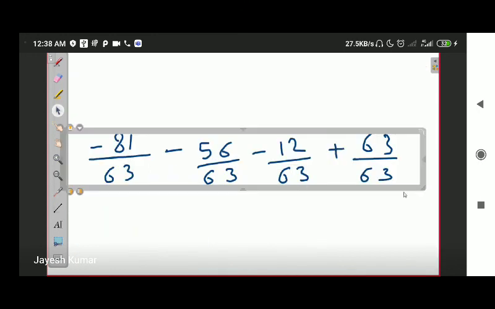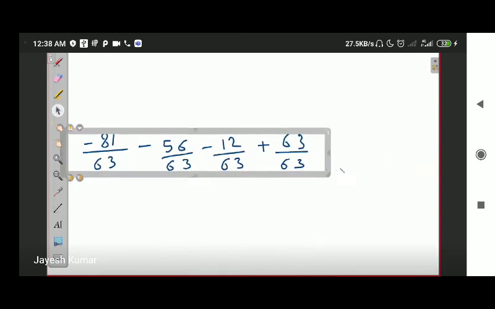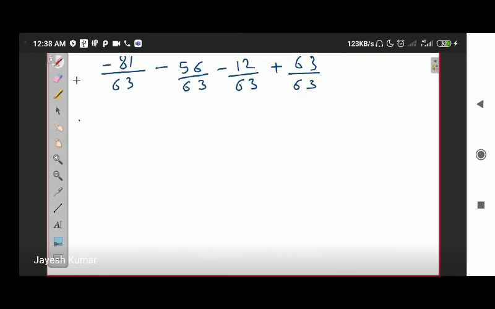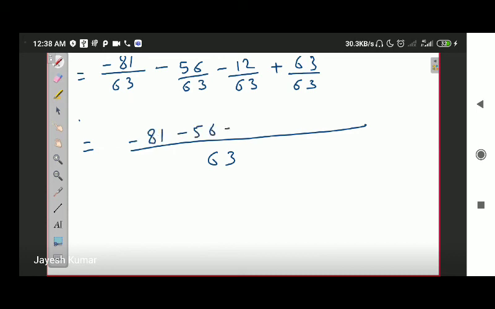Okay, so we have this and we have to simplify this. Once again, as the denominators are the same, we write 63 in the denominator, and in the numerator we write the numbers as they were. First of all we will make a group of all the negative numbers.